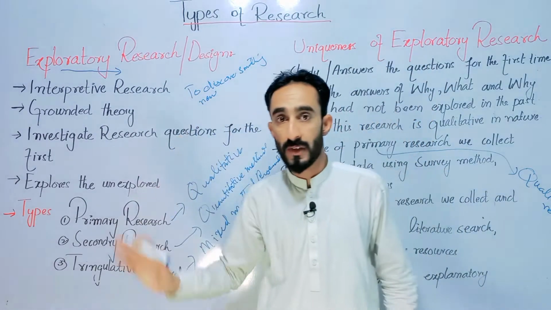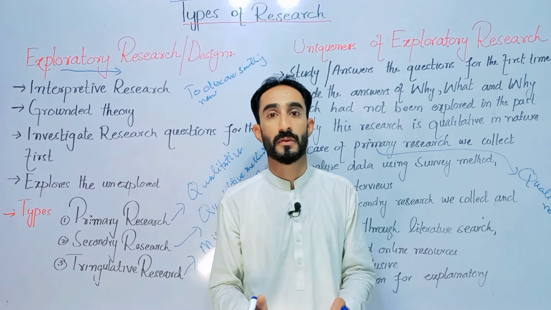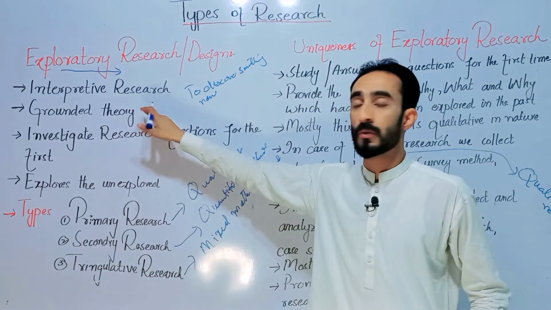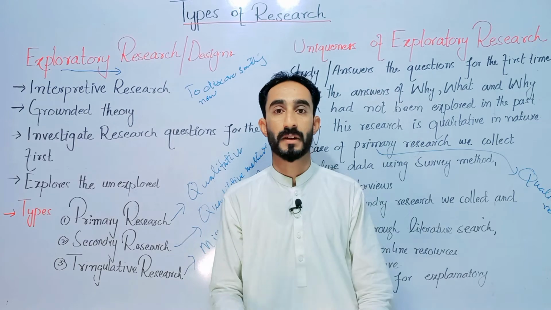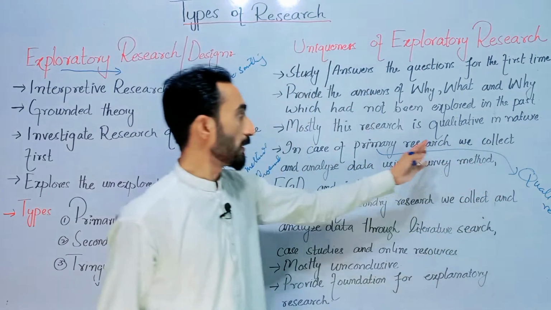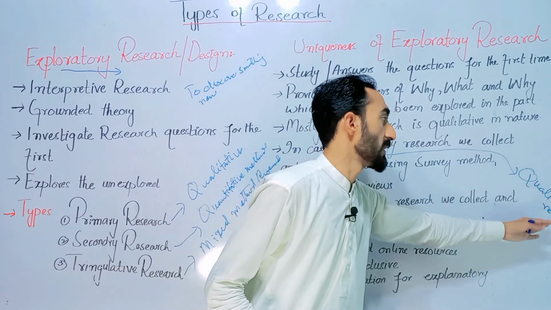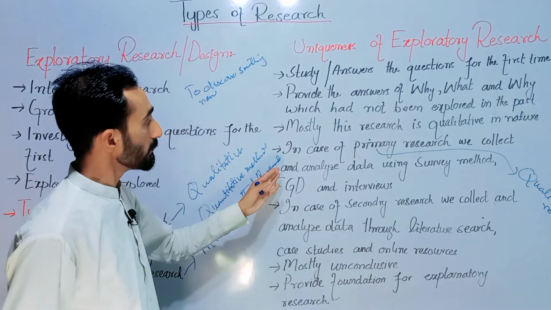In interpretive research, we do interpretation and extensive explanation regarding something. In grounded theory, we for the first time construct theory. These primary methods are called the qualitative approach or qualitative methodology.